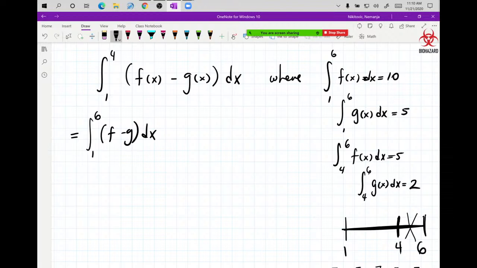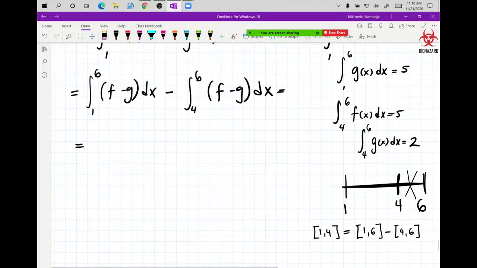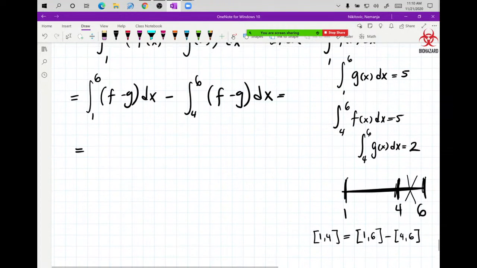Minus the integral 4 to 6 of f minus g dx. Right? So I can do that. That's actually the analysis we did. Because this literally means, guys, these divisions which I told you about, that you can have the full area or you can do it in two places and add them, right? Well, it works for the subtraction as well.